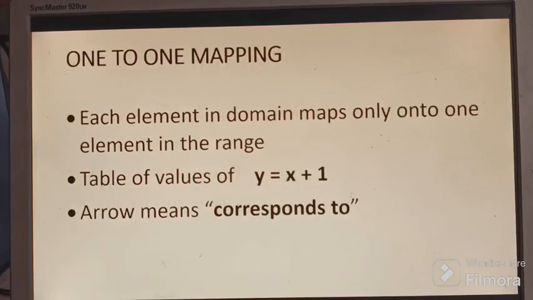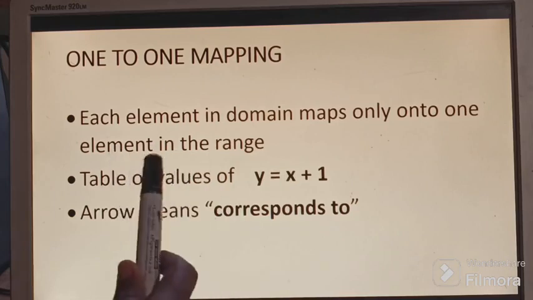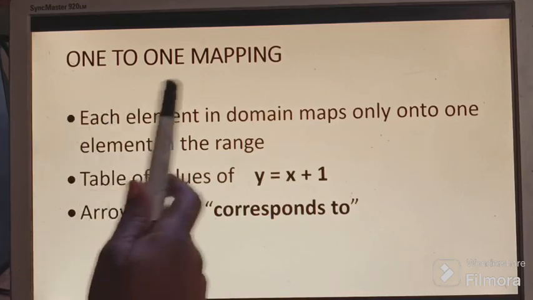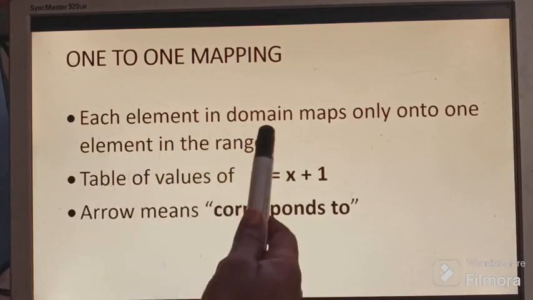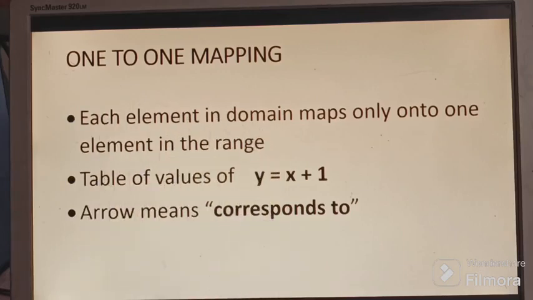So we start with one-to-one mapping. This one is a bit easier because we touched on it a little in lesson 1. Alright, let's look at the definition. We're saying one-to-one mapping is when each element in the domain, remember what a domain is?